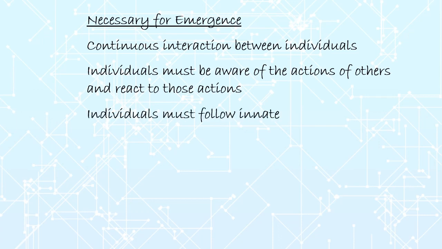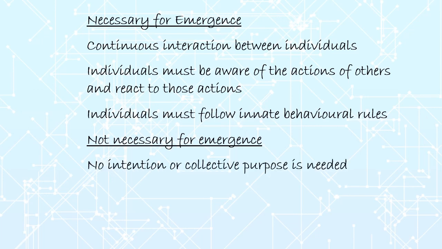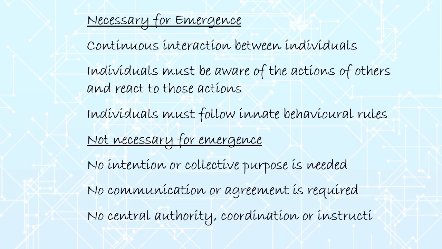Individuals must follow innate behavioural rules. There are some things which are not necessary. There's no intention or collective purpose needed. There's no communication or agreement required. And there's no central authority, coordination or instruction required.